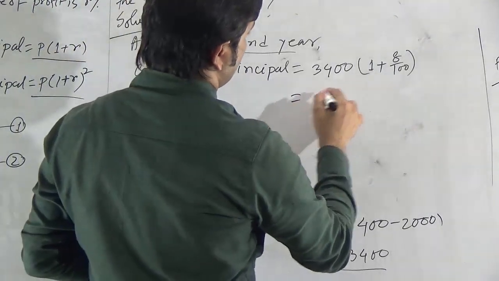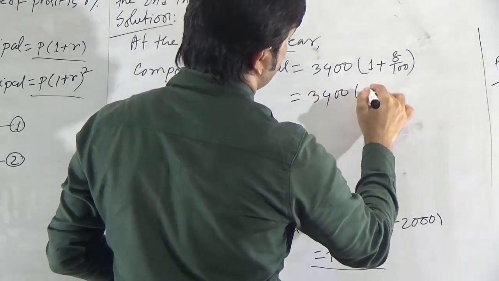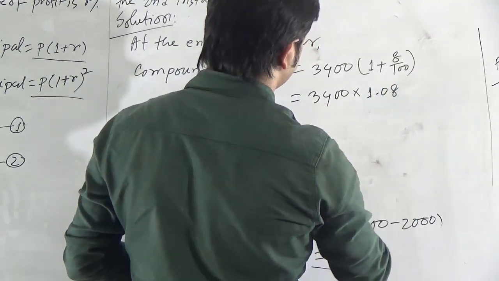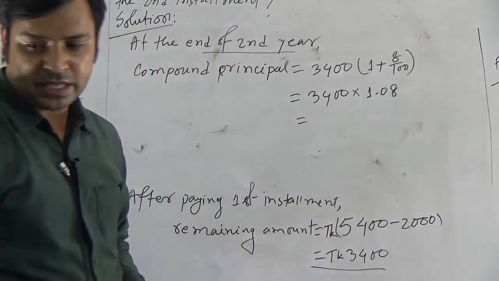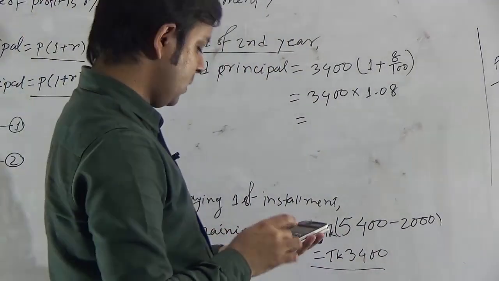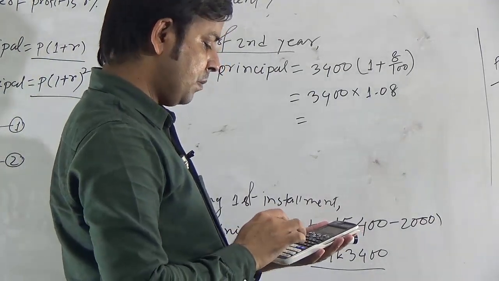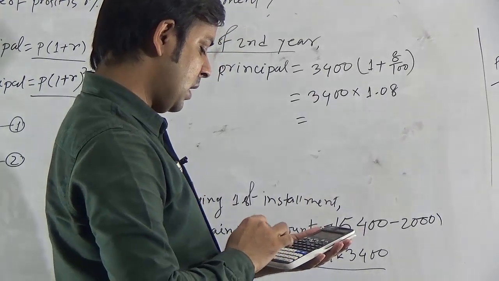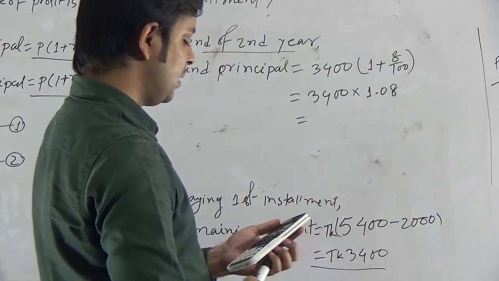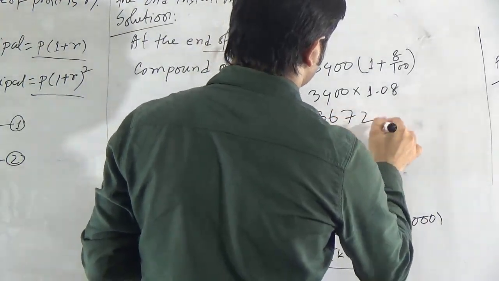So we can write here 3400 multiplied by 1.08. Now do the multiplication using a simple calculator. 3400 multiplied by 1.08 will be 3672.